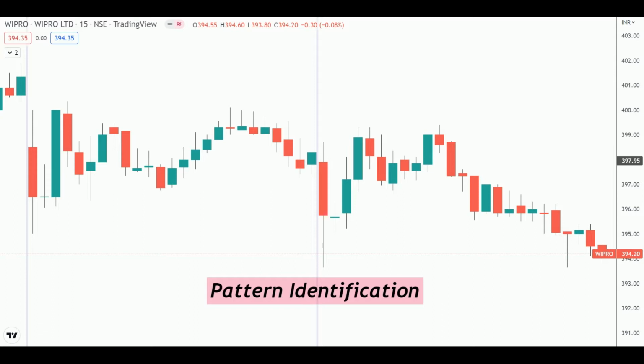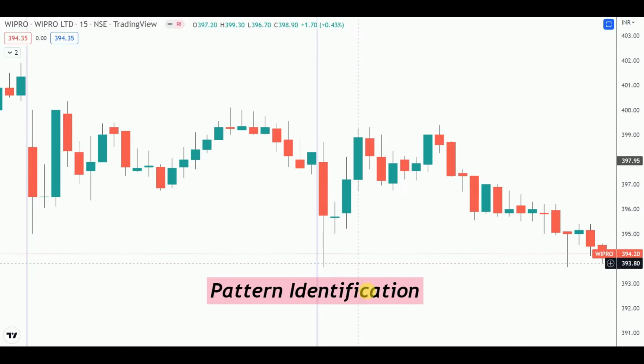The first element of this strategy is pattern identification. Pattern identification means inside bar pattern identification. So an inside bar is nothing but a bar which is contained within the boundary of the previous candle.